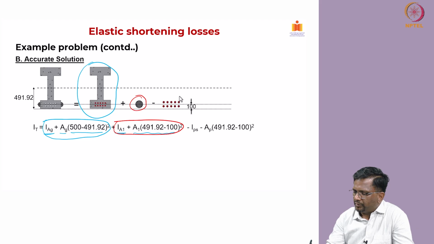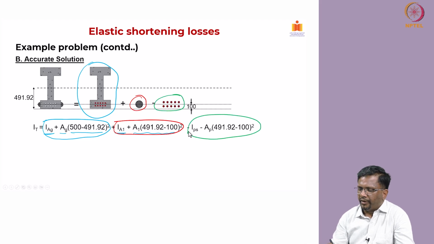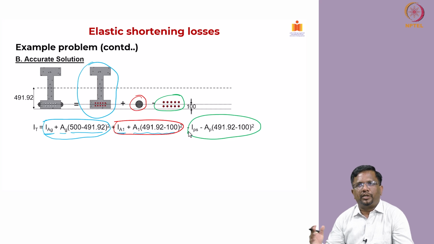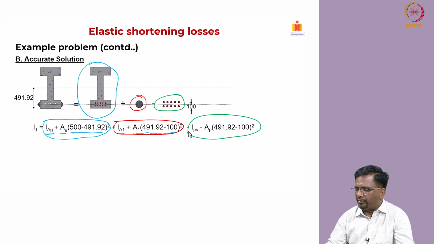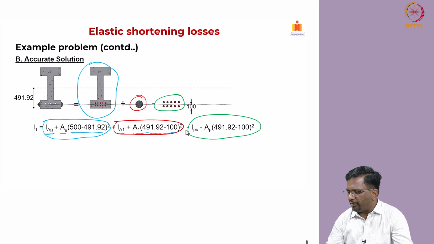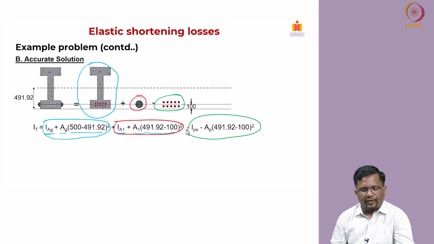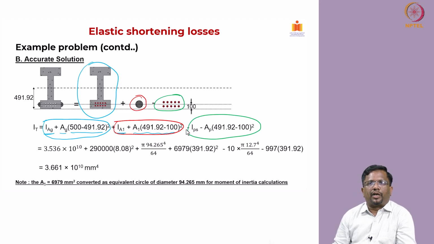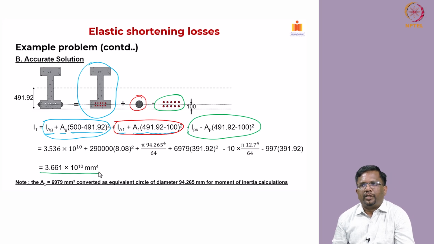So, for each of these components using the parallel axis theorem, you calculate the respective moment of inertia, and then these two have to be added because I have to deduct this area, because this area is already included in the A1. So, that is the reason this is becoming minus, right. So, when you do all these things, you get your transformed moment of inertia as 3.661 into 10 to the power of 10, and this is the value that we need to use, okay.